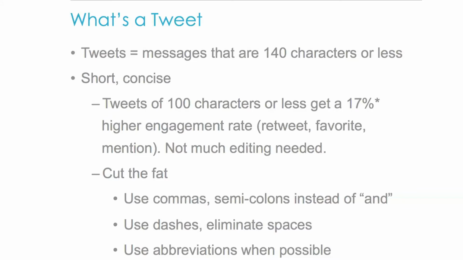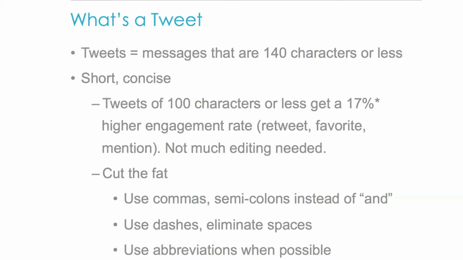Again, as Monique said, tweets are 140 characters or less. And just to make things even more fun and challenging, research shows that tweets of 100 characters or less get a higher engagement rate. And what do I mean by engagement rate?